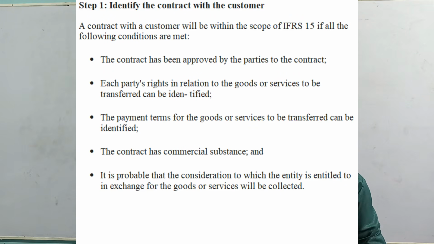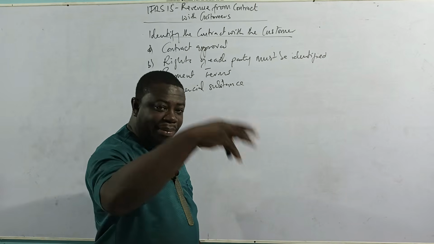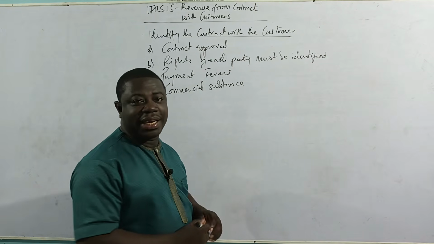And the final condition is that it is probable that the consideration to which the entity is entitled in exchange for the goods or services will be collected. So there should be that higher probability that the money or the consideration can be collected by the entity.